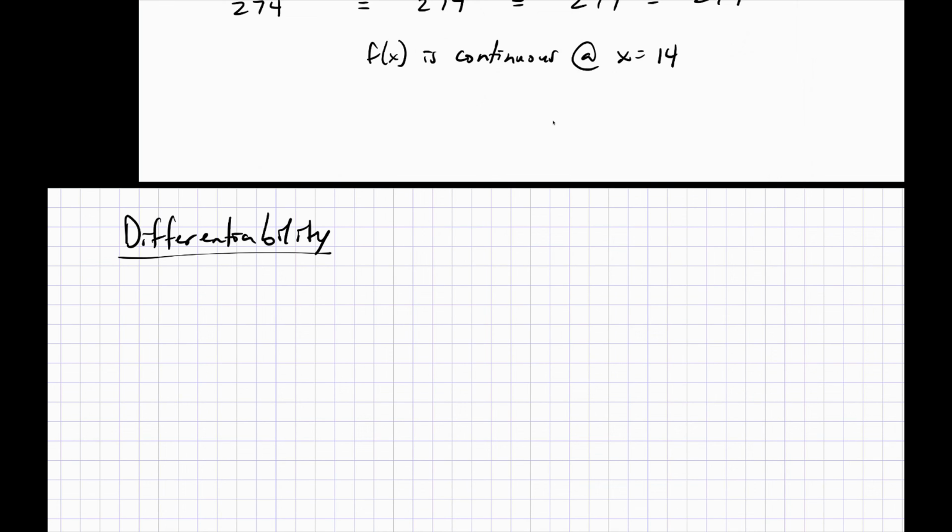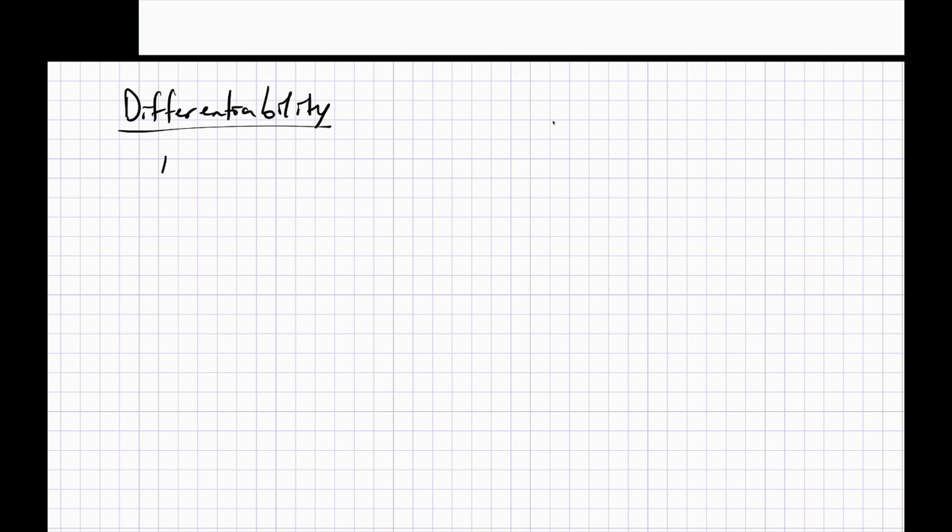We have to find the derivative coming in and going out. So it's kind of like a limit, right? Approaching, right? So this is what we're going to do. We're going to find the limit as x approaches 14 from the left, not for f of x, for f prime of x.